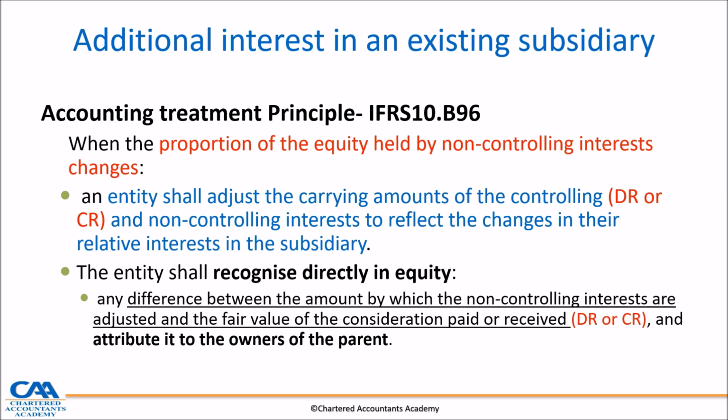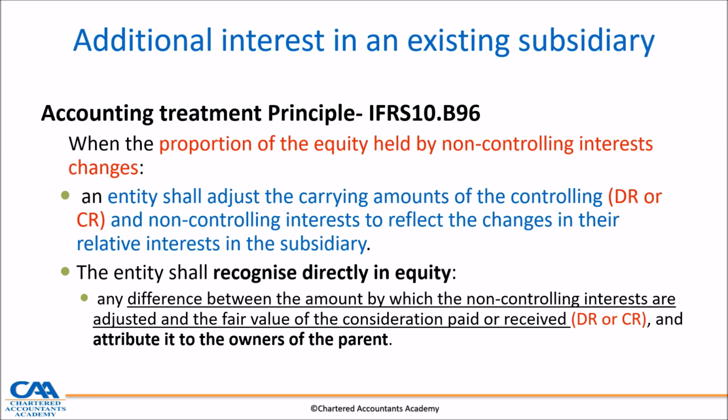So if NCI increases, we credit non-controlling interest. If NCI decreases, we debit non-controlling interest. The entity shall therefore recognize directly in equity the difference. So remember, we've either credited or debited NCI with the change in the reserves. Then we also have paid or received an amount.